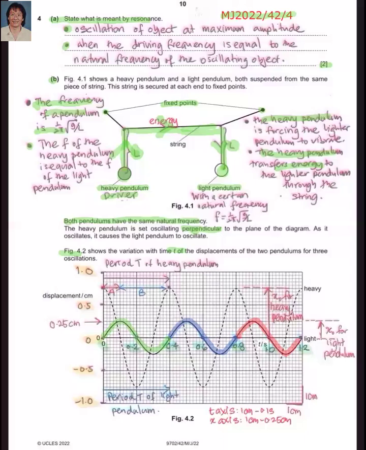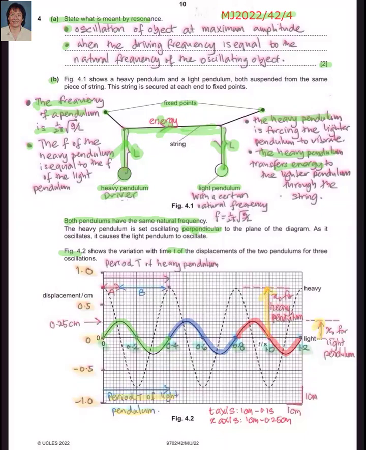The first is the period of the pendulum. You can see that the period of the heavy pendulum is the same as the period of the light pendulum. The other information you can get from this graph is the amplitude. This is the amplitude for the light pendulum, and this is the amplitude for the heavy pendulum.